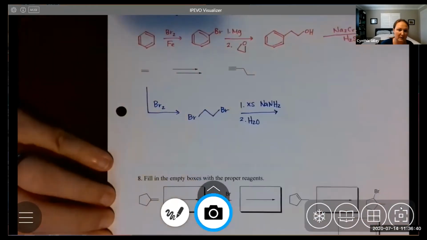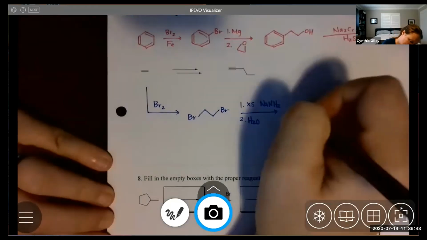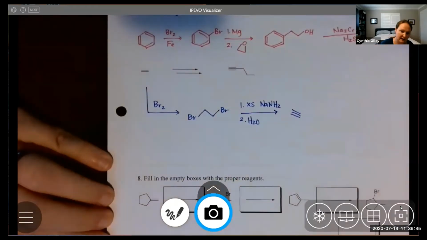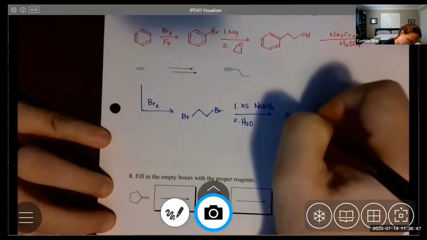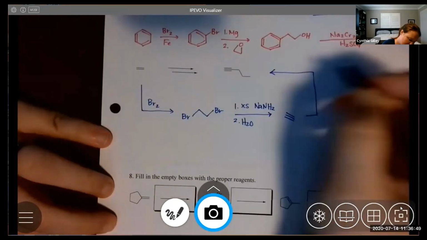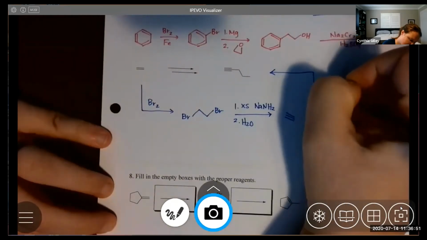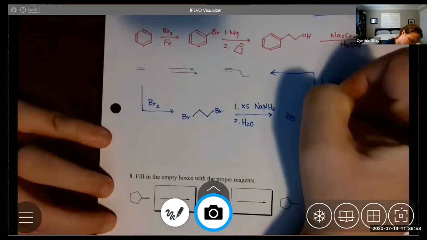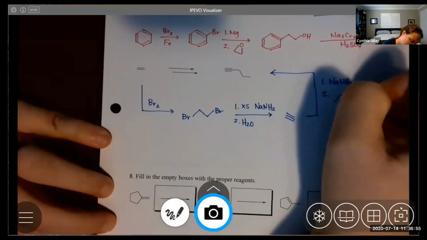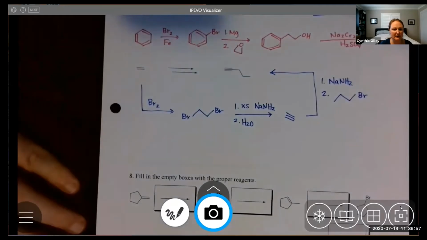That does a double elimination. That ends up giving us the alkyne, and then from the alkyne, we can do an alkylation. Just want to make sure to add the right number of carbons in that alkyl.